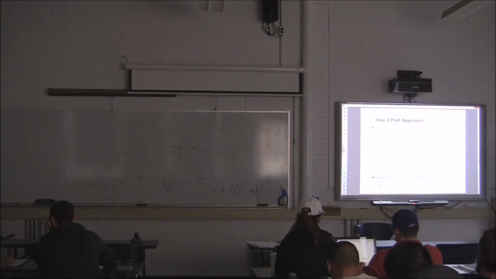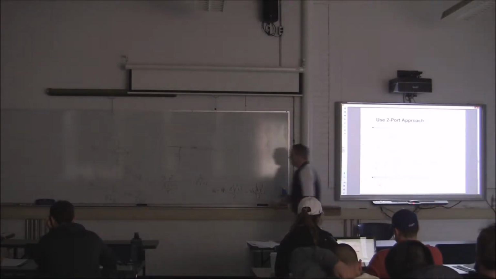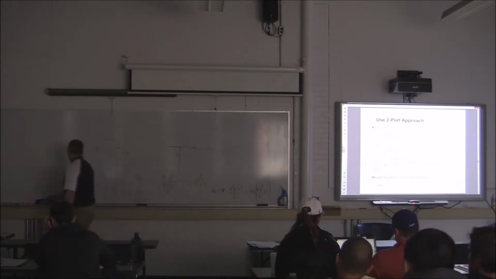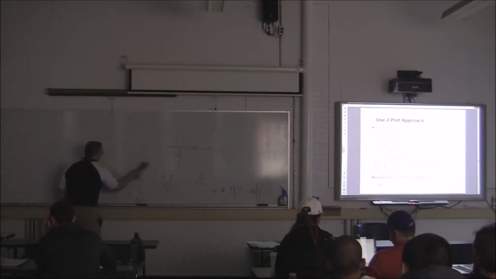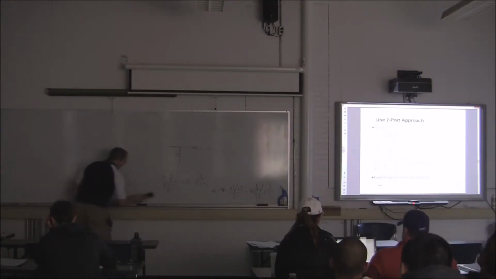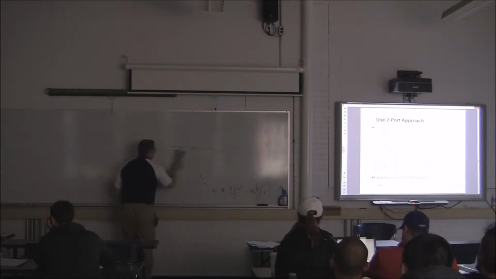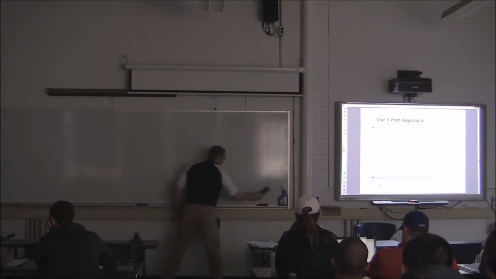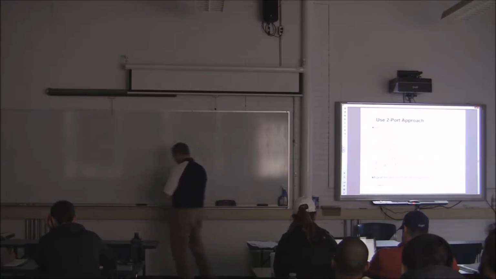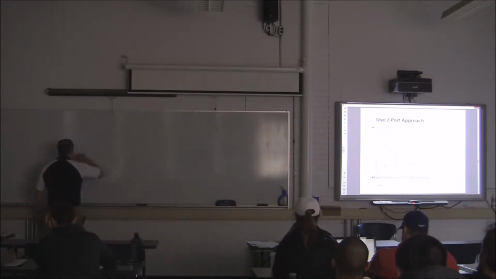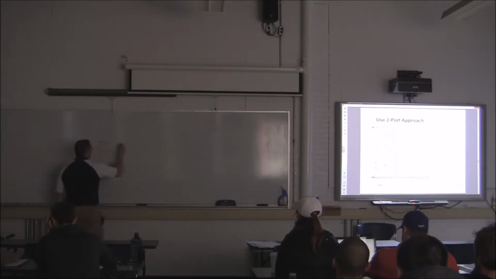Now, there's another way we can do that. And this one, if you've done 2-port parameters, this is probably the way that you were taught. So I'm going to draw my pi equivalent. Here's my pi equivalent, Y prime over 2.